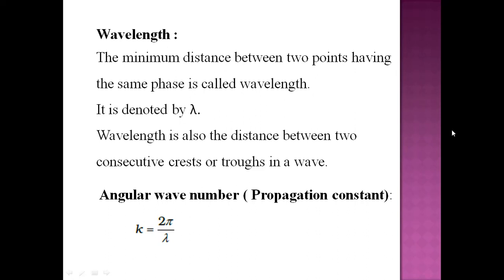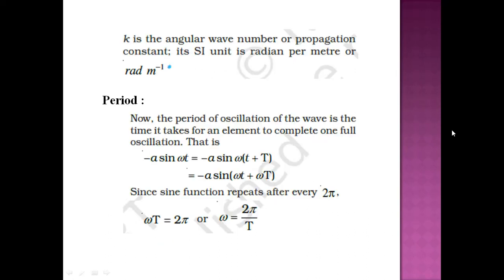Next, the angular wave number or propagation constant is represented by k equal to 2 pi by lambda. The SI unit of k is radian per meter, or rad m inverse.